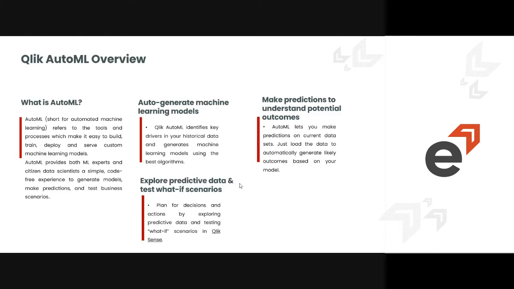Then you can load the data and generate outcomes based on those models. It also helps you explore predictive data and test what-if scenarios. Once you have the prediction results, you can reuse them or plan decisions and actions by exploring that data, and then test your what-if scenarios in a Qlik Sense application, or you can also use any BI analytical tool.